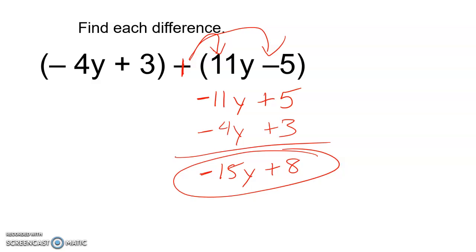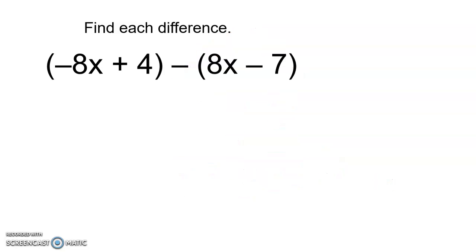Let's look at our next one. Again, plus negative 8x, positive 7. So I put a negative 8x under this one and a positive 4 over here.